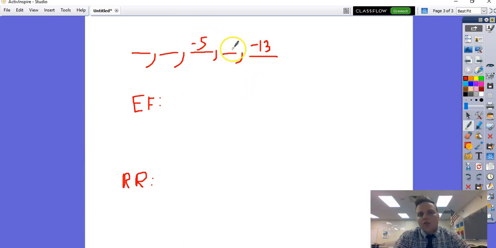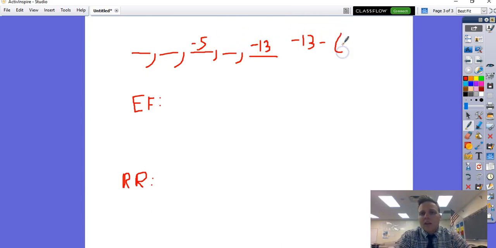So, it's not hard to find the common difference, okay? You could just say, you know, well, what do I think it is? You could try to figure out how that works. But here's a very simple way of doing it. Take your later term, so negative 13, minus any other term that you know.